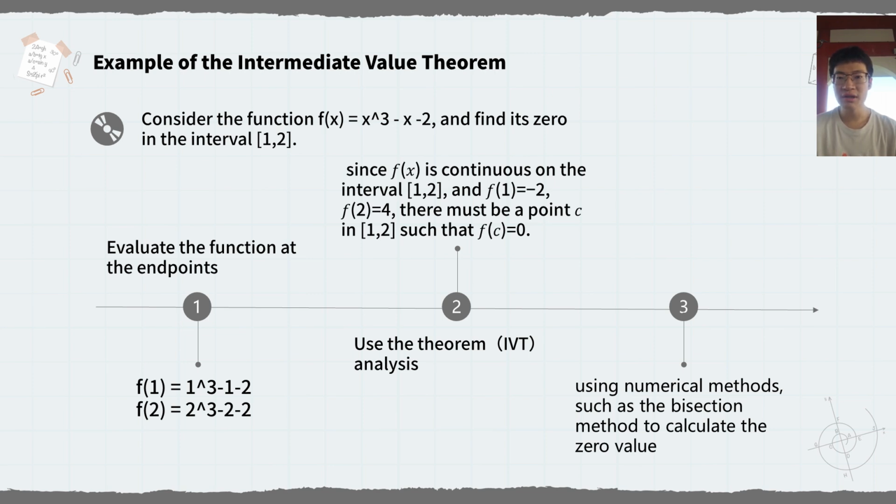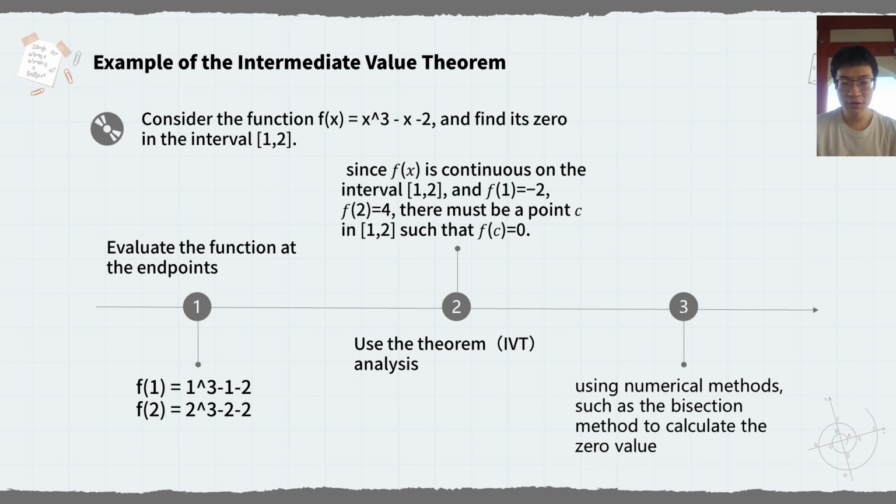The next process, based on the intermediate value theorem: since f(x) is continuous on the interval from 1 to 2, and f(1) equals minus 2 and f(2) equals 4, with opposite signs, like one negative, one positive, there must be a point C in the closed interval from 1 to 2 such that f(c) equals 0.